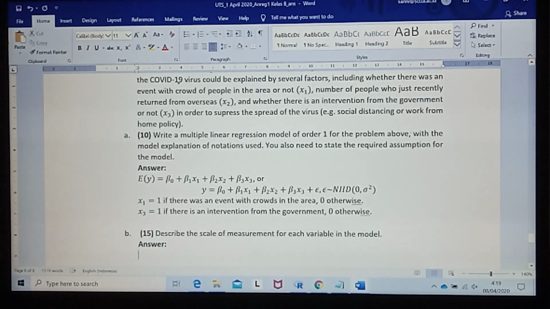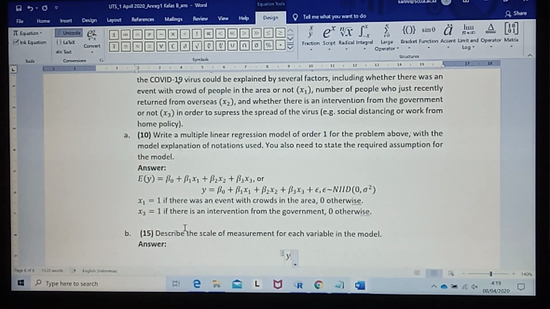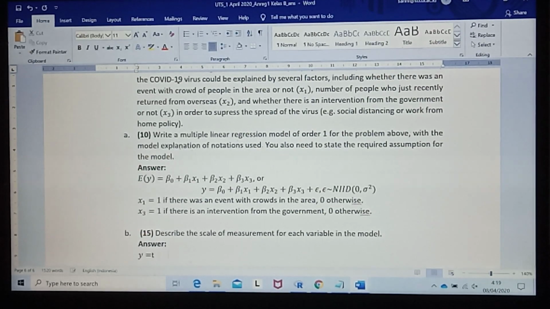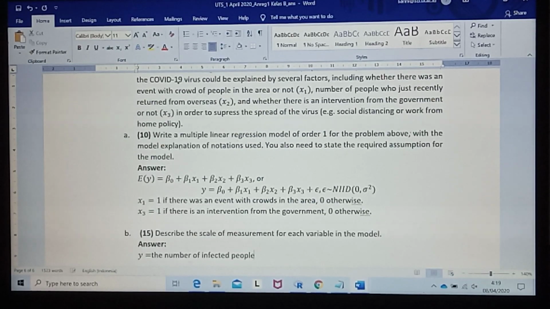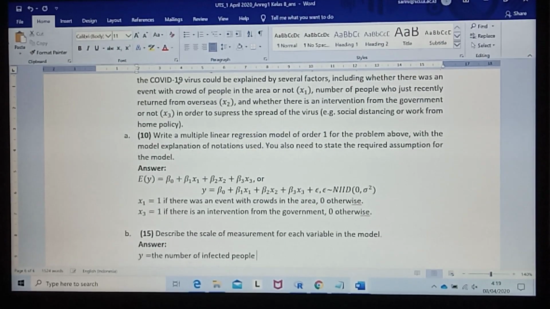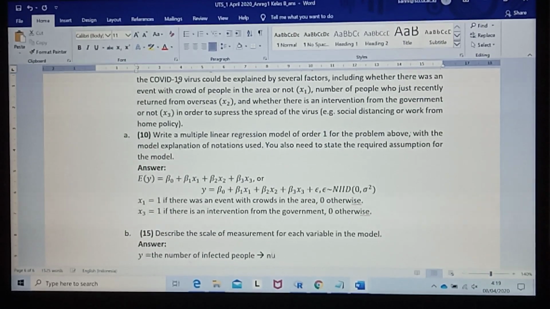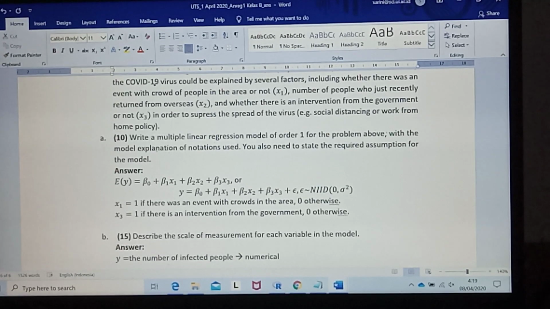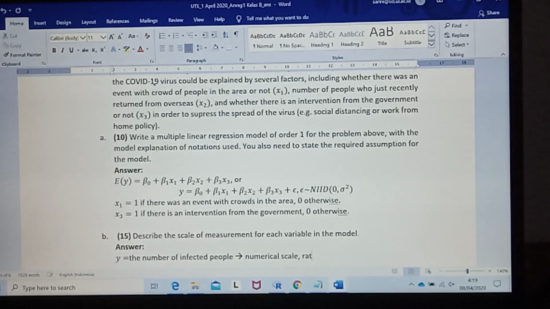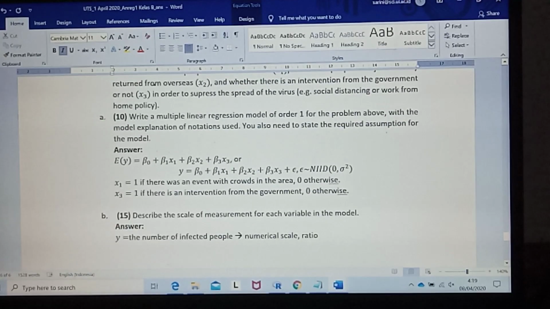For the scale of measurement for each variable in the model, y is the number of infected people, so it is on a numerical scale, more specifically a ratio scale.